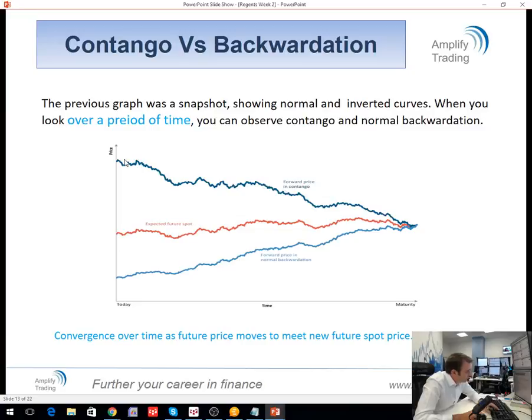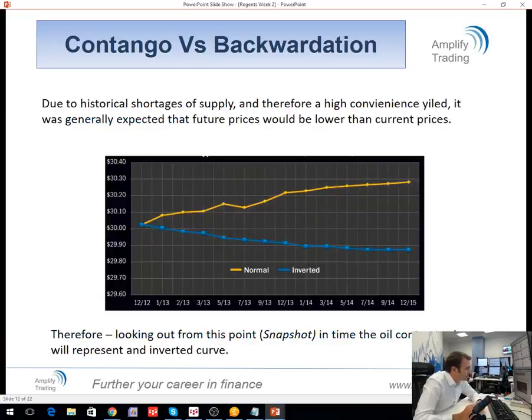Okay. Now it's interesting to think about refineries, by the way. Do they make more money in a market with contango or backwardation? Well, just so you know, the process of refining can take 1 to 2 months. So imagine if the refinery is buying oil at $30.10.